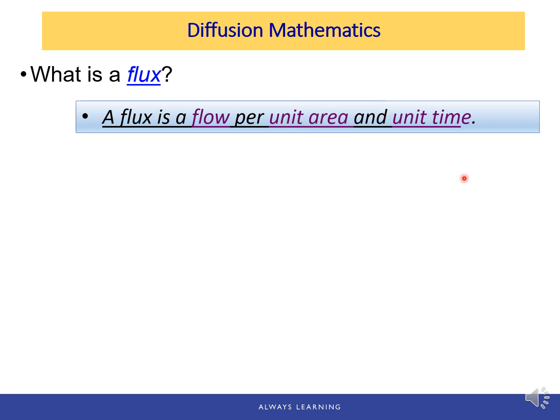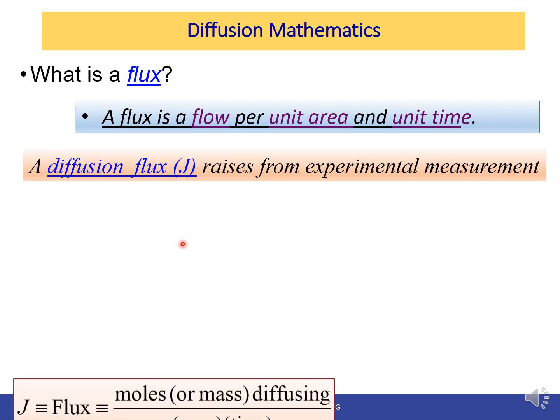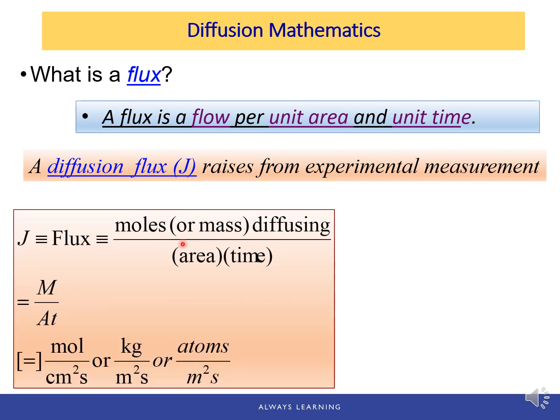In this class, the diffusion flux arises from experimental measurement, and it is defined as the mass, or equivalently the number of atoms or moles, diffusing through and perpendicular to a unit cross-sectional area of solid per unit time.